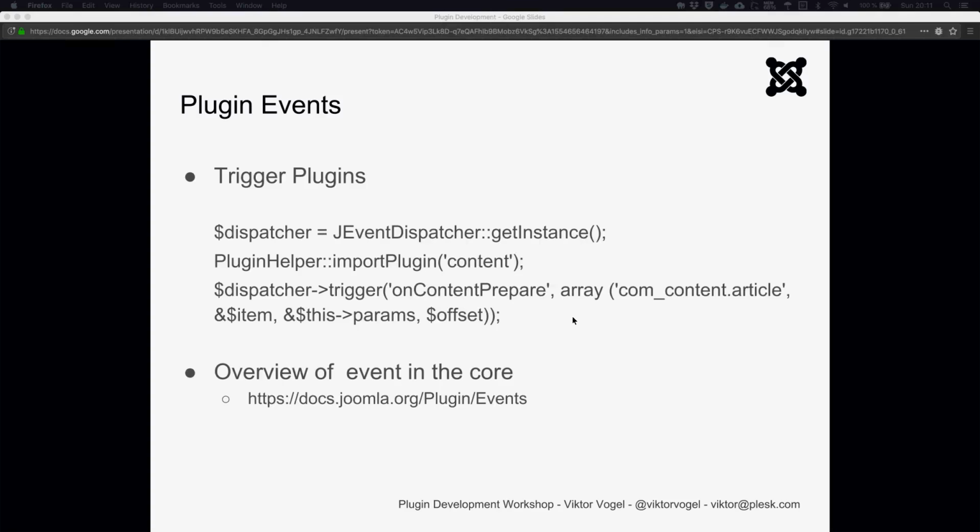The cool thing is that everything you change in your plugin will also be changed in the main item, in the main object. So you don't have to return anything in your plugin in this case if you just change things in the item. I will show you how it works. Don't worry. Exactly, the ampersand stands for reference. So it shows a pointer to the same memory block.